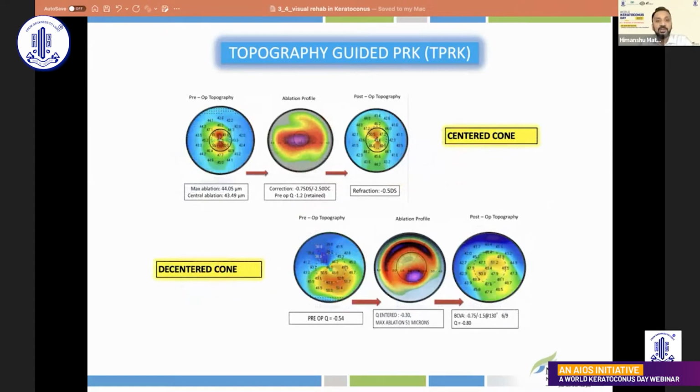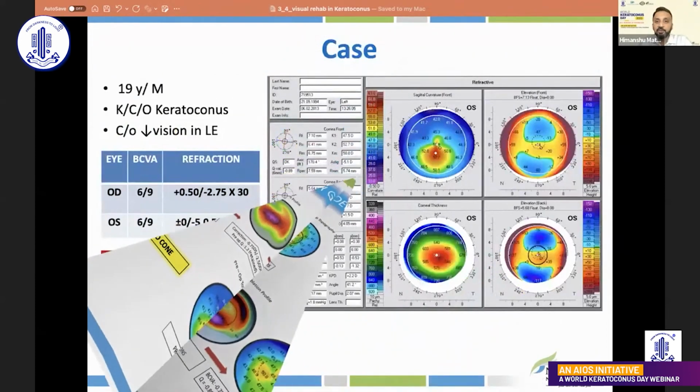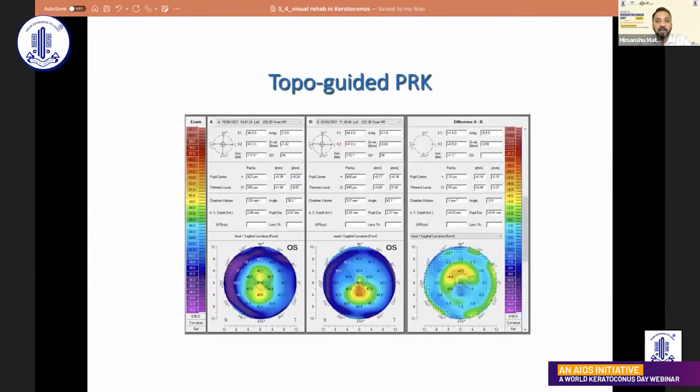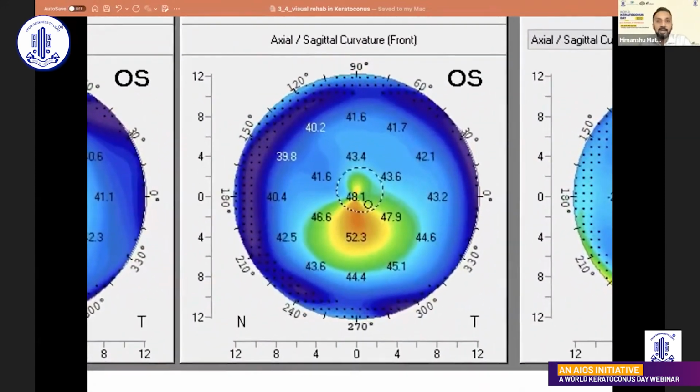If the cones are relatively central, we can reduce the cylindrical power and improve the quality and quantity of vision after the cross-linking. And when the cone is decentered, we can make the cornea more regular and possibly visually rehabilitate them using simple treatment like glasses or contact lenses.